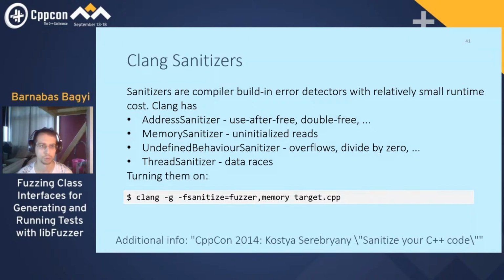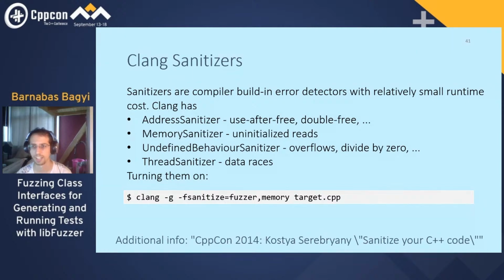Let's see which ones. Address sanitizer checks things like use after free and double free. Memory sanitizer mostly cares about uninitialized reads. Undefined behavior sanitizer detects overflows, divides by 0, and a number of other undefined behaviors that we may encounter.